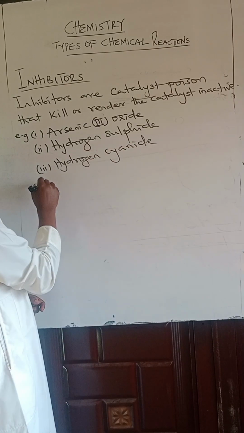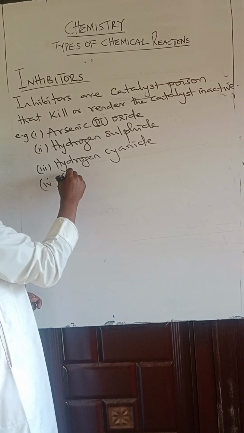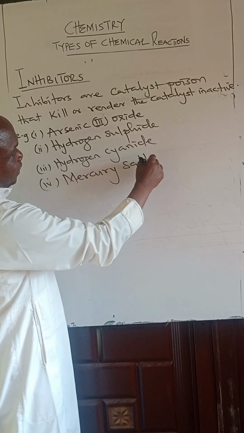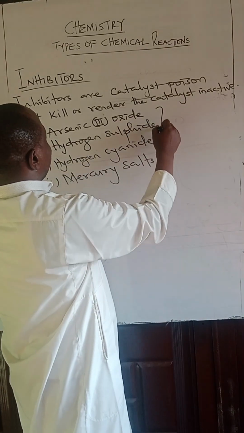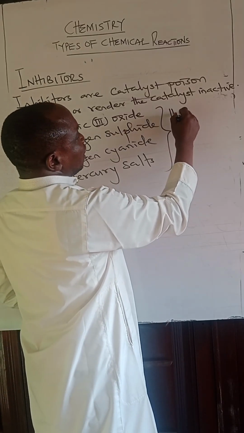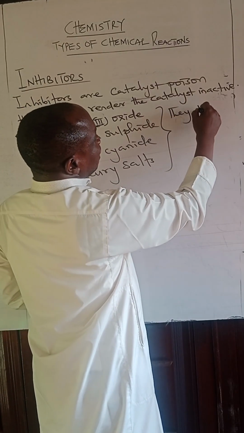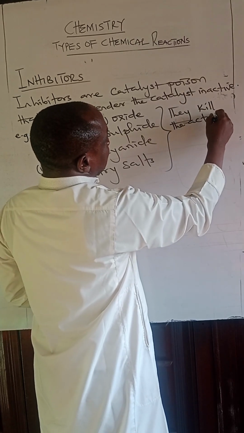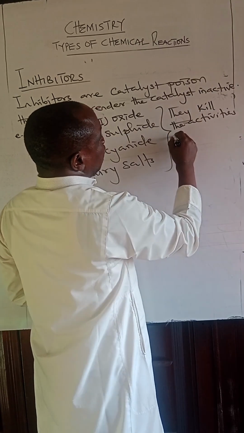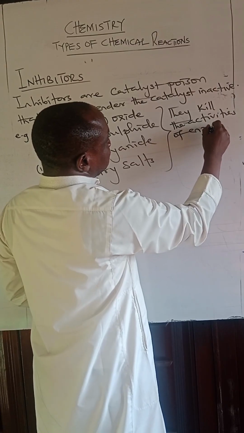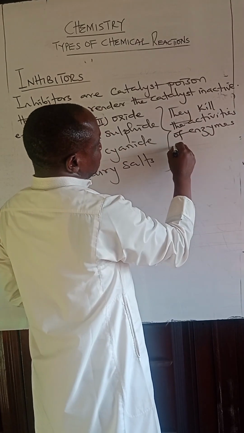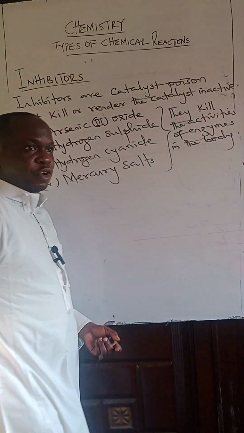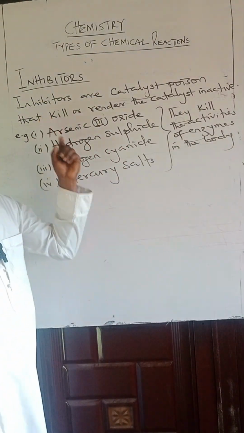Cyanide is there. Any mercury salts are there. All these kill the activities of enzymes in the body. They are called inhibitors.